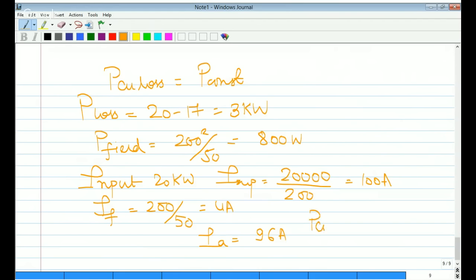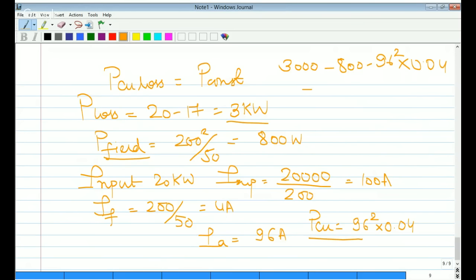Calculate copper loss: 96 squared times 0.04. I have copper loss, I have field loss, and I have total loss. So if I subtract, let me write: 3000 minus 800 minus 96 squared into 0.04, what I will get is the rotational losses.